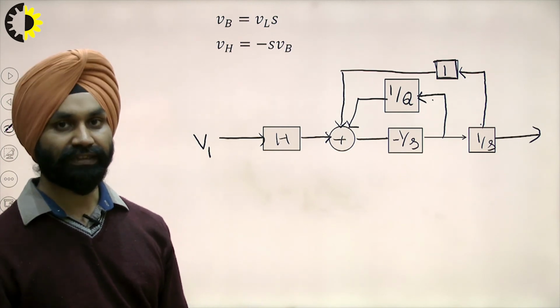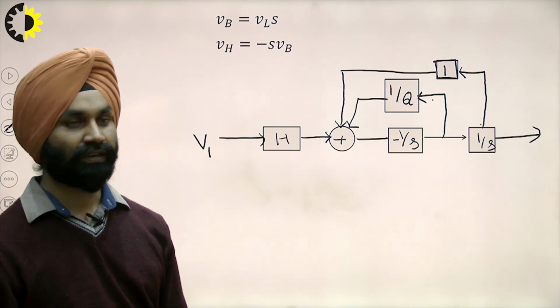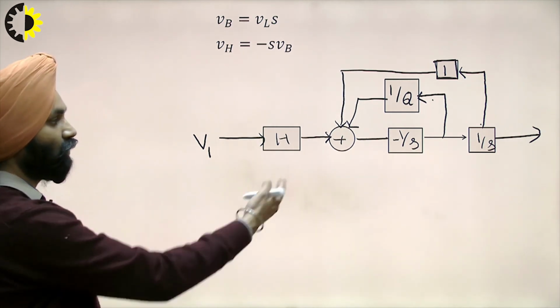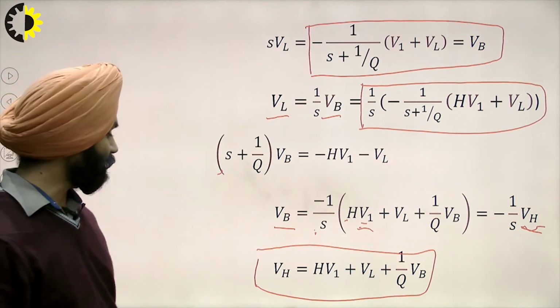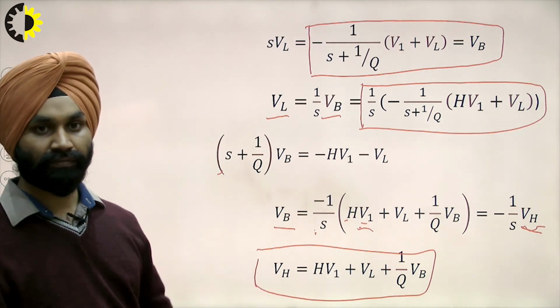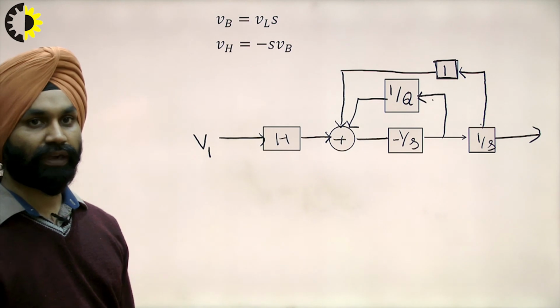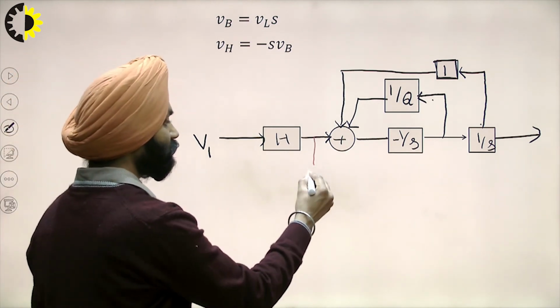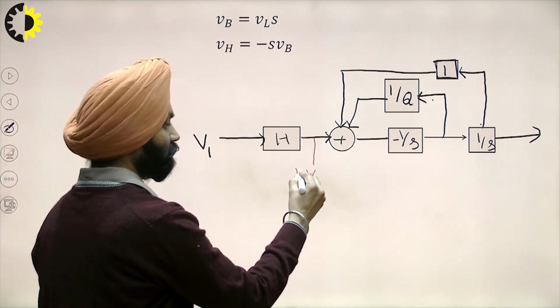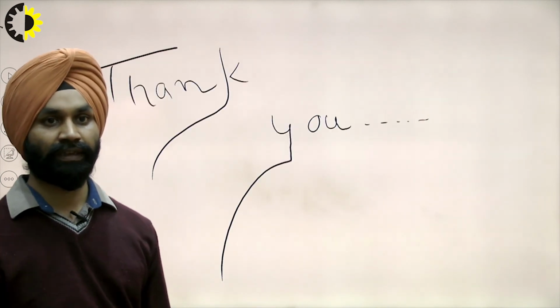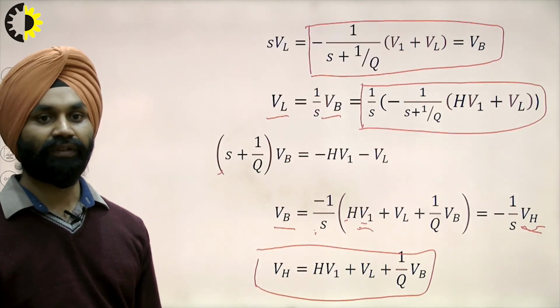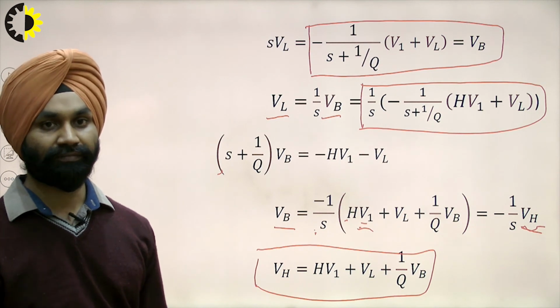If we want to realize that filter, it will be this whole equation. Now, remember from this equation we have VH is equal to H V1. So, if we want to get here, we will get H V1. Then we will get the VL.